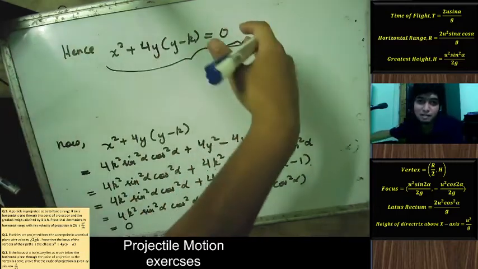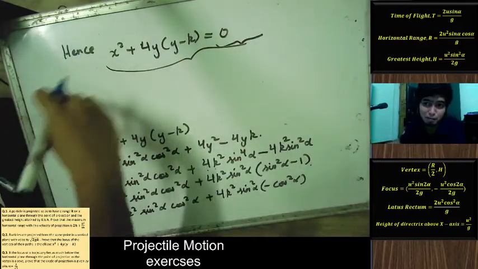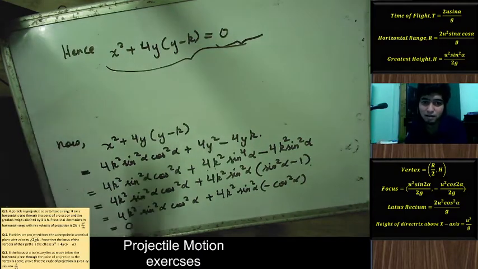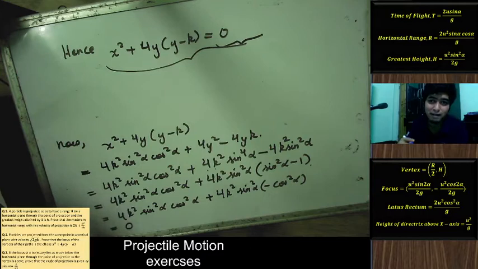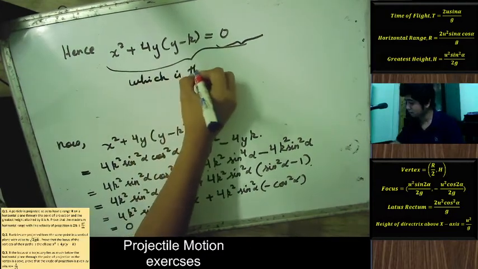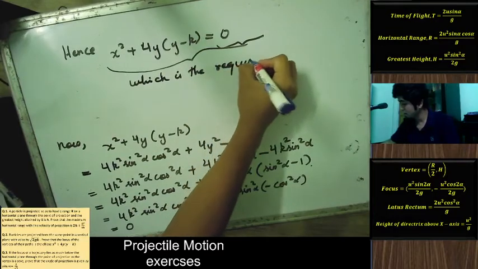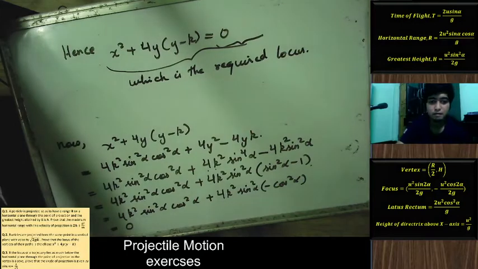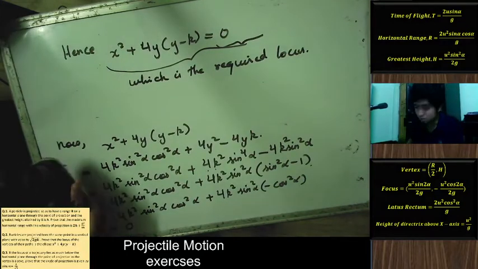If anywhere in this equation alpha is still appearing, then you still need to get rid of alpha. I hope that is clear. That is how we find the required locus. Okay, so this solves question number 2.